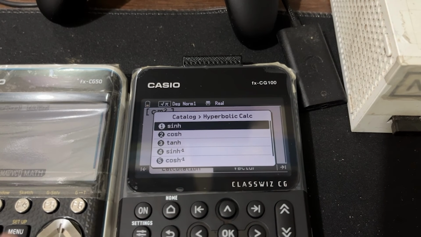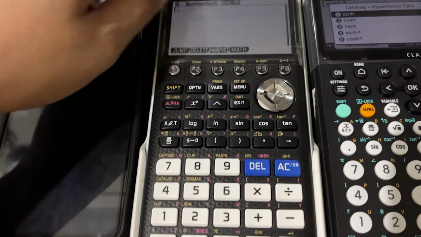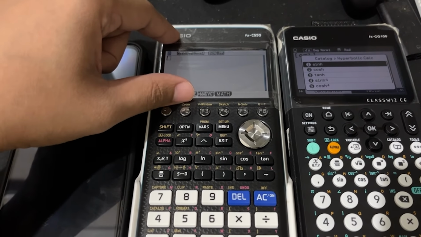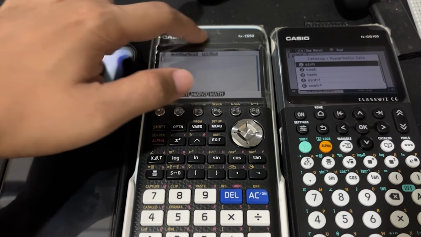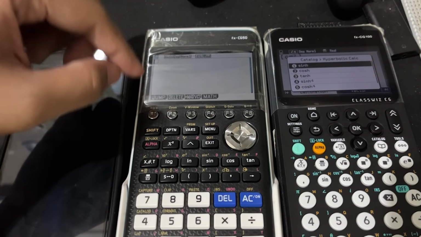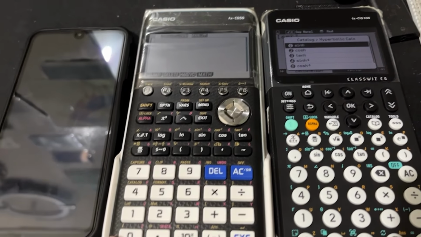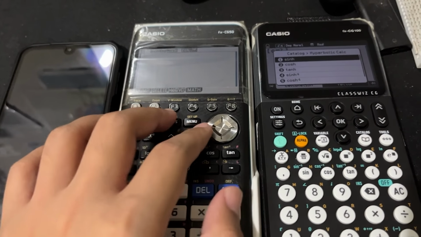Very old layout. There's no label like class width up there, no class width here on the top. So I was expecting something like the CG50, a very graphing calculator.